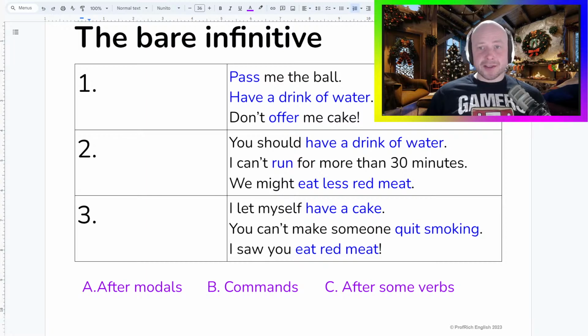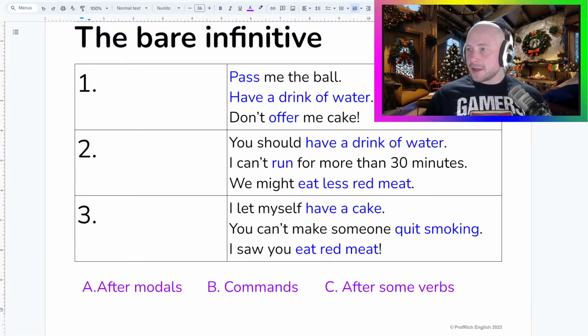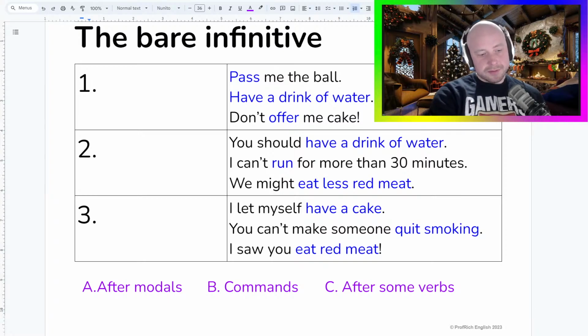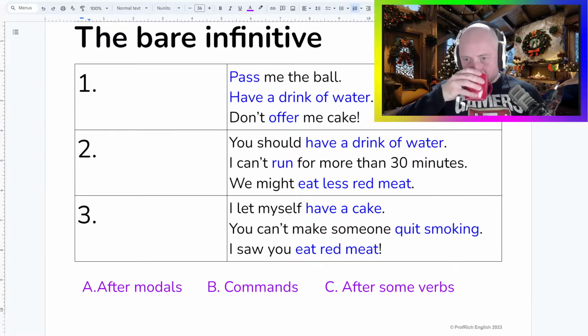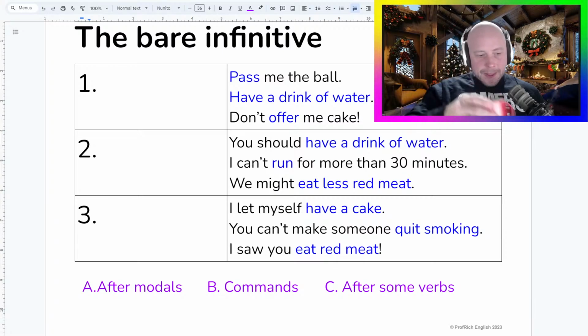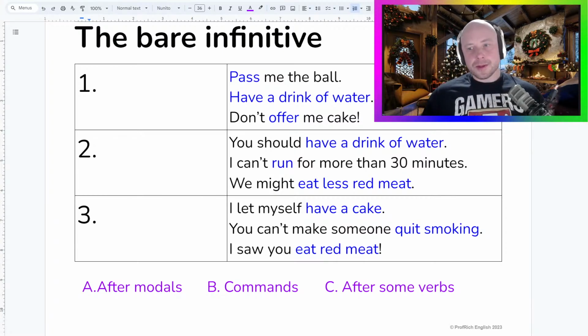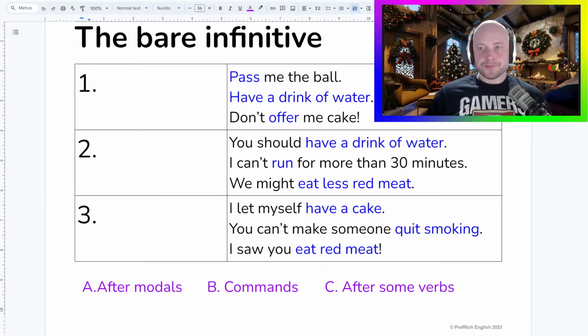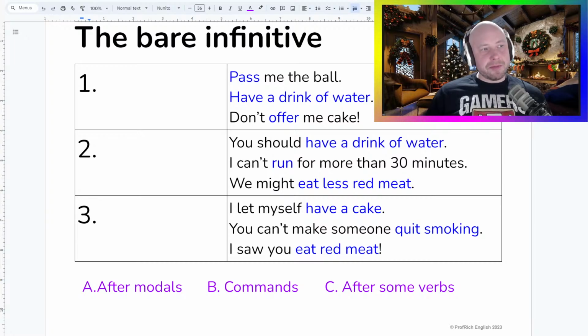And I'd like you to match the examples 1, 2, 3 to the reasons A, B, C. So I'll give you about another minute to finish that off.